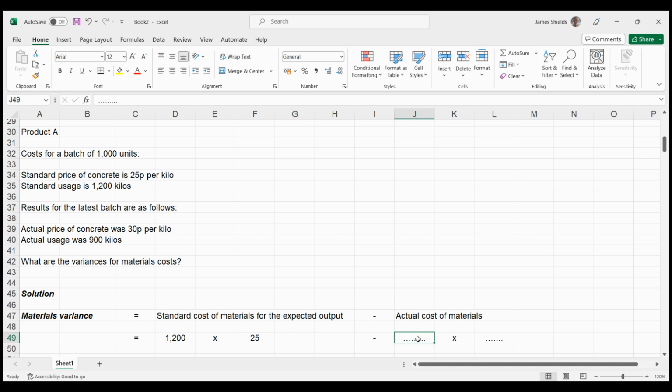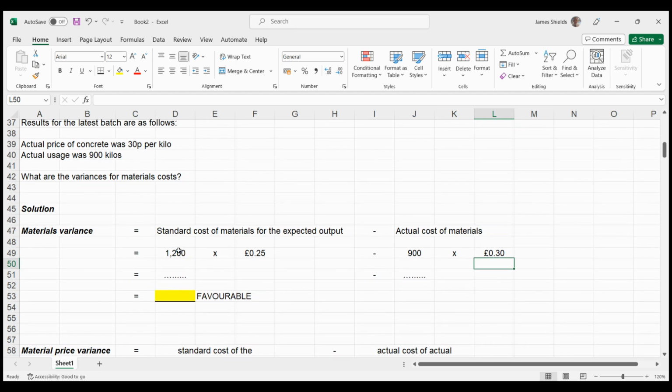Now the actual cost, let me just put that in pounds, so it's 25 pence, 0.25 pounds. Now the actual cost then was, we had usage of 900 kilograms, so it's 900 times, and the actual price of concrete was 30p per kilogram. So it's 0.30.